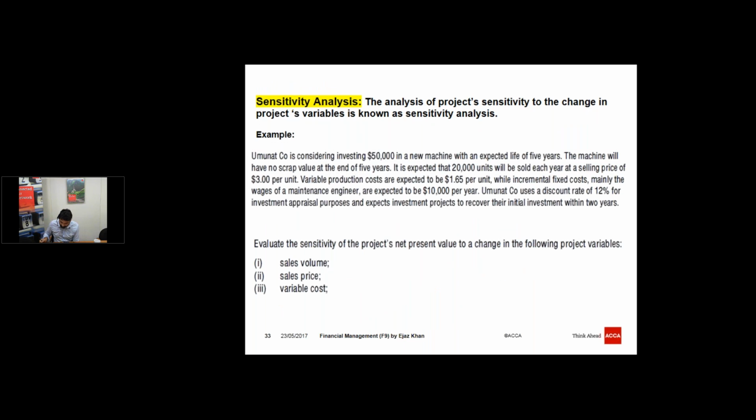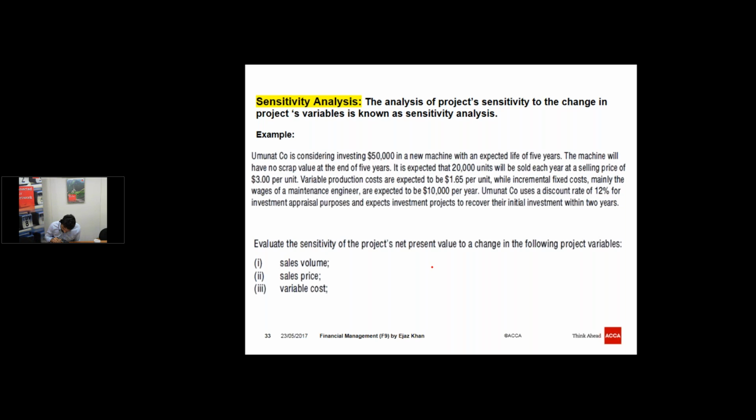Okay, let's come to the sensitivity. This is a small topic, we'll just cover it. What is sensitivity analysis? See, we did a question of the PV company in which we had a positive net present value, remember? And since the net present value was positive, we decided to go for the project because the NPV was positive. But the positive NPV depends on different variables.